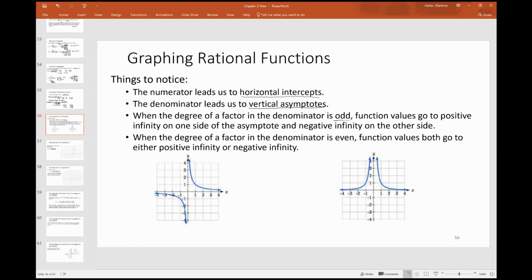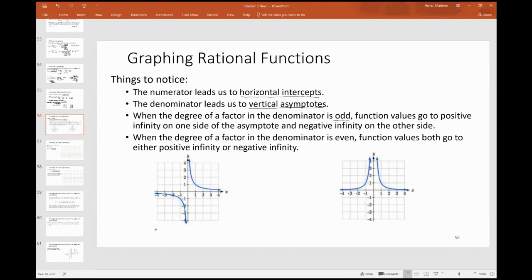With rational functions, when the degree of the factor that leads to the asymptote is odd, so 1, 3, 5, 7, the graph goes in opposite directions to opposite infinities. However, when the degree of the factor in the denominator is even, then you'll see that the function goes off in the same direction. Both go to infinity or they both go to negative infinity, like here.